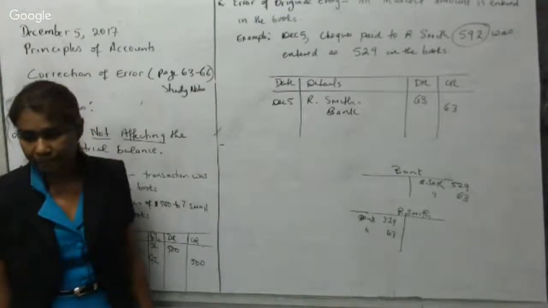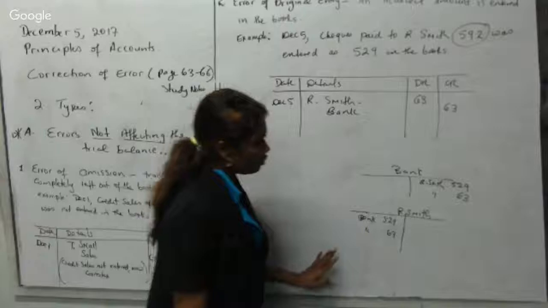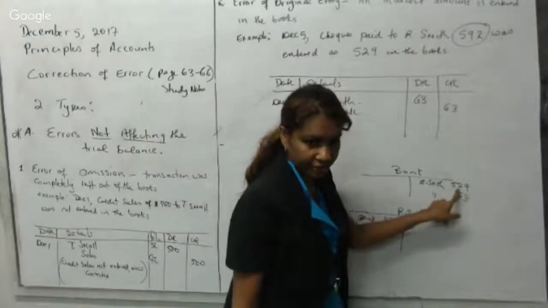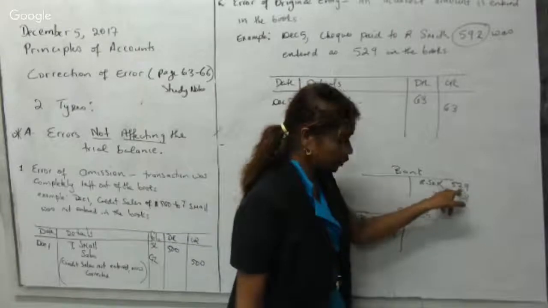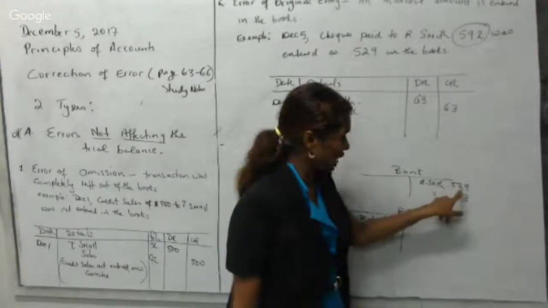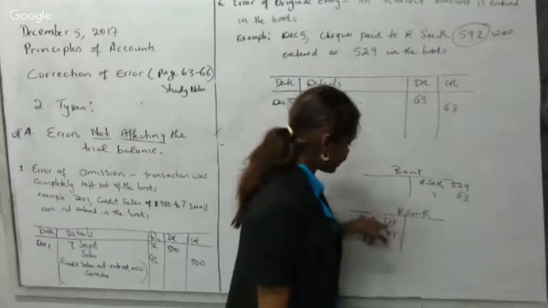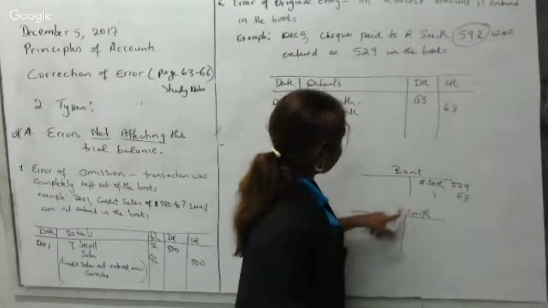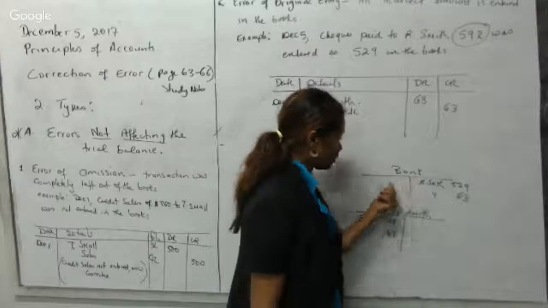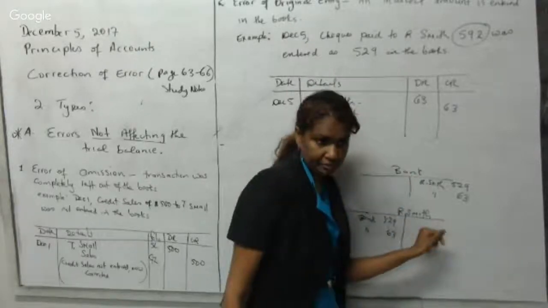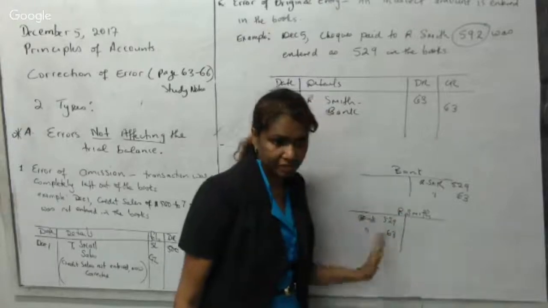Of course, if it was a situation where we had entered a figure that was more than we are supposed to have, suppose it was 952 that we had placed in the books, then to save it to 592 you would have to find the difference and go to the other side of the account.